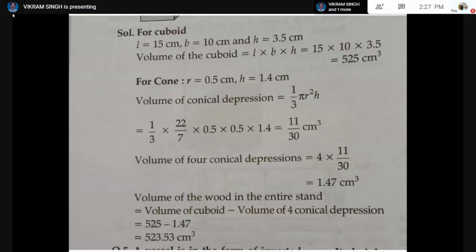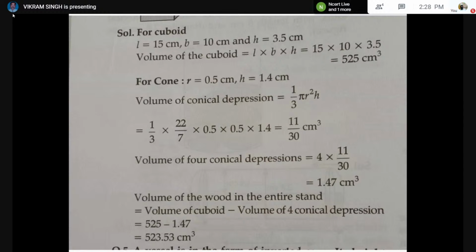Now I am going to summarize the same to make it more clear. For the cuboid portion, L is 15, B is 10, H is 3.5. So the volume of the cuboid will be the multiplication of all three quantities, LBH: 15, 10 and 3.5.